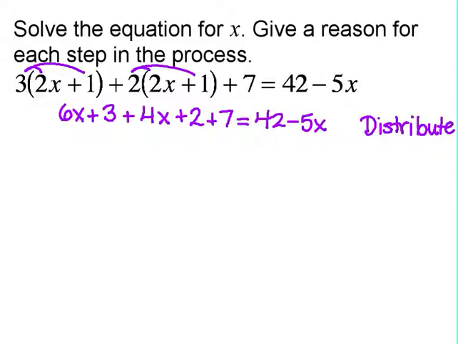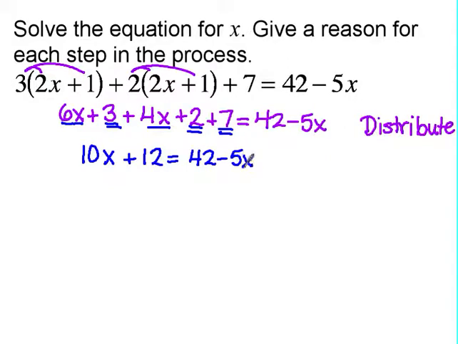Okay, what would you do now? Combine like terms. Here I've got 6x and 4x. What does that give me? 10x. So what we did is we combined like terms.